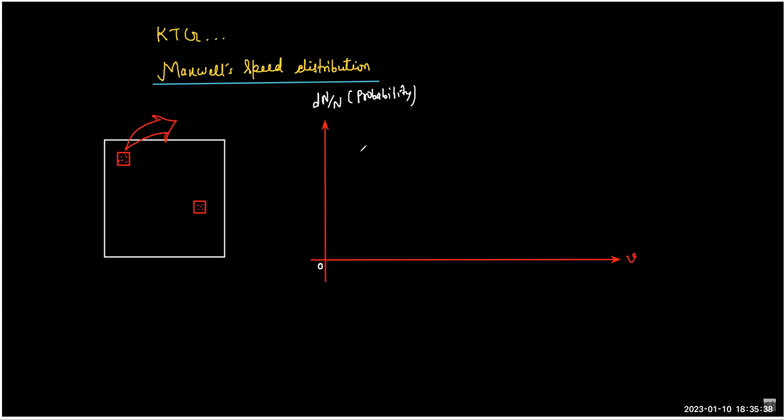So now when we talk about the probability graph in a continuous system, the system at hand is continuous system. Why? Because the velocity distribution will have no significant gap, which means every velocity from 0 to infinity is kind of possible.